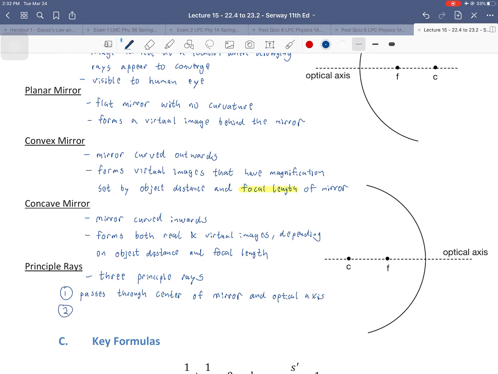Okay, principal ray number 2. So this is a ray that is parallel to the optical axis on incidence. So parallel to optical axis on incidence. Okay, so that's before it contacts the mirror, and it passes through the focal point.